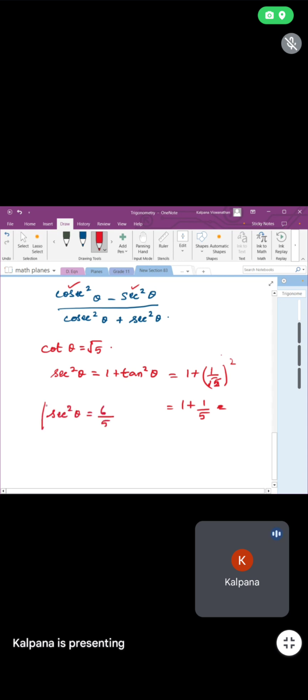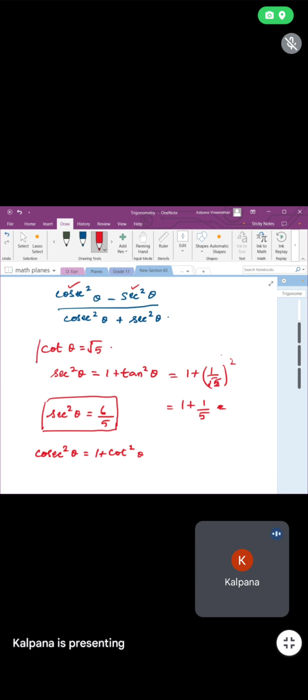In the same way, using the square relation, find cosecant square theta also. Cosecant square theta can be written as 1 plus cot square theta. Find the answer.